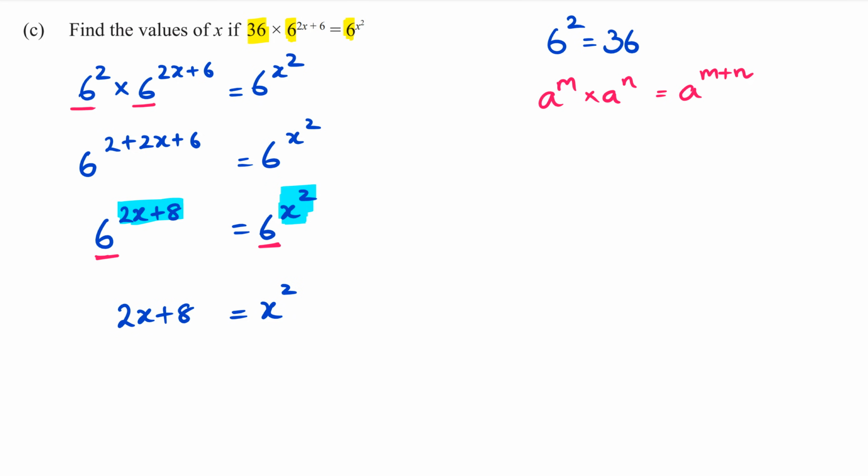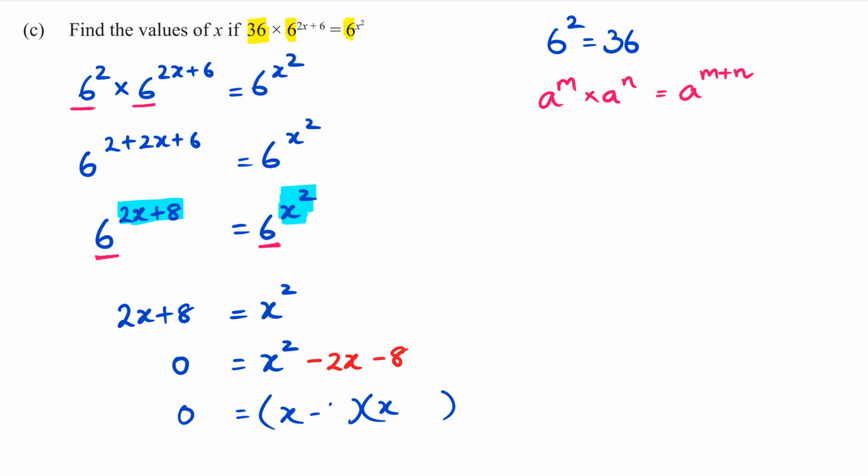Once I get that, I can rearrange this as a quadratic: x squared, and when I bring the 2x to the right hand side, it's minus 2x. When I bring 8 to the right hand side, it becomes minus 8. What I've got here is a really nice quadratic, which can be written as a product, like we've got two brackets. We're looking for two numbers that multiply to -8 and add up to -2.